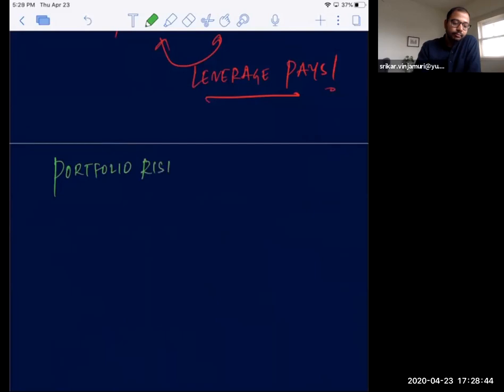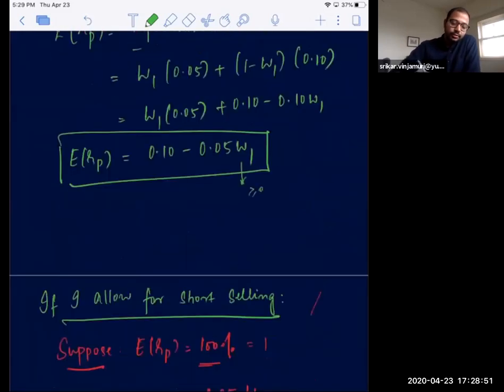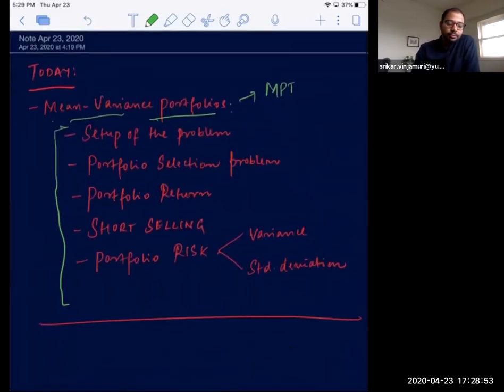How do we analyze it? That's what the phrase here comes down to. When we talk about mean variance portfolio analysis, we are talking about two things. The mean is the expected return. This is telling me the expected return, and this I like. The variance is telling me the risk.